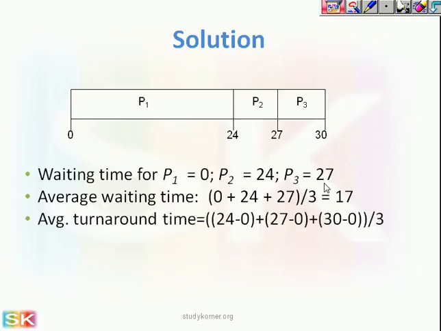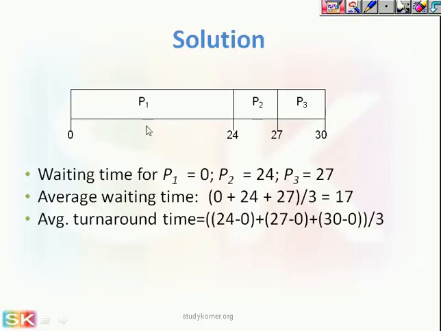Average turnaround time will be the turnaround time of P1 plus turnaround time of P2 plus turnaround time of P3 divided by 3. So turnaround time is the difference between the submission time and the completion time of that process.